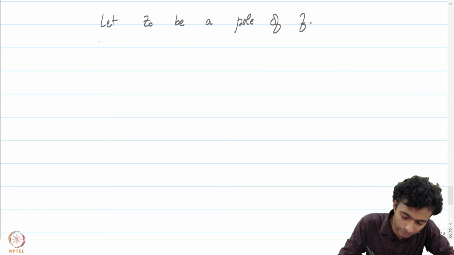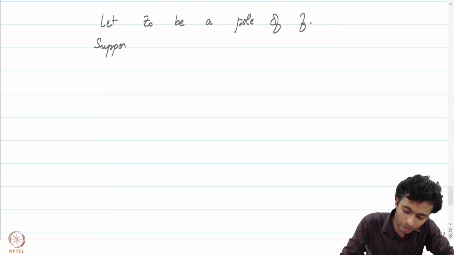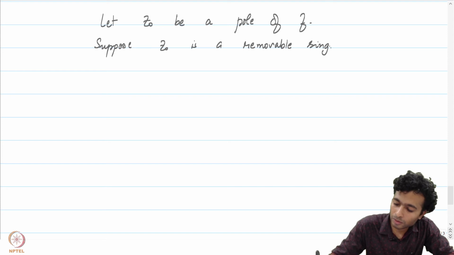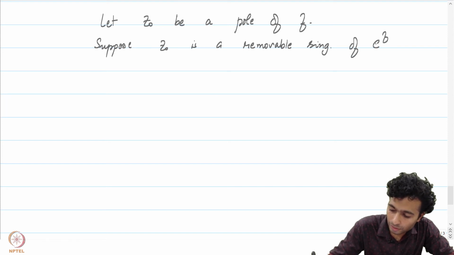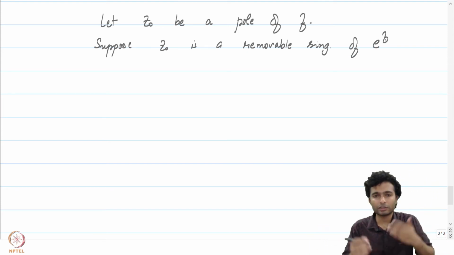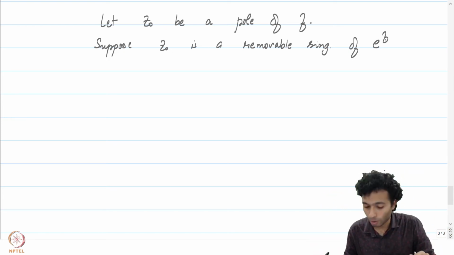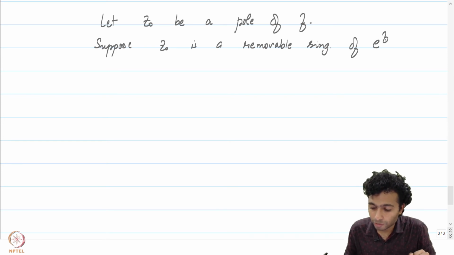Suppose z0 is a removable singularity of e to the power f. Remember that e to the power f is just the composition of the exponential function with the function f.